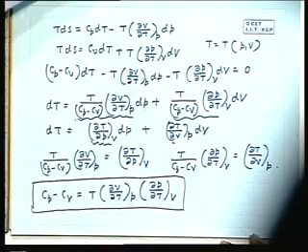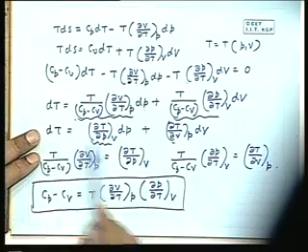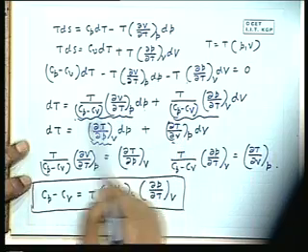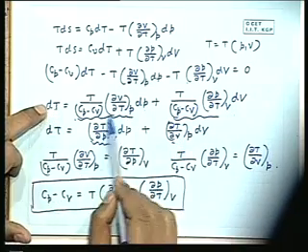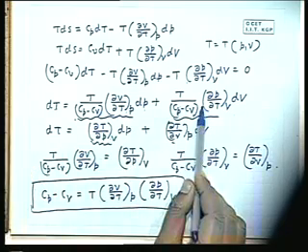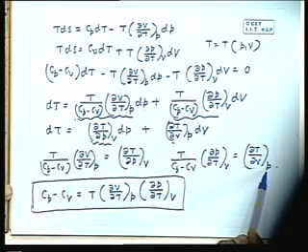Any problem? Again, T is expressed as a function of P and V, so I can equate this with this one, and this with (∂T/∂V)_P. Any problem? Simple, very simple mathematics, school level mathematics.